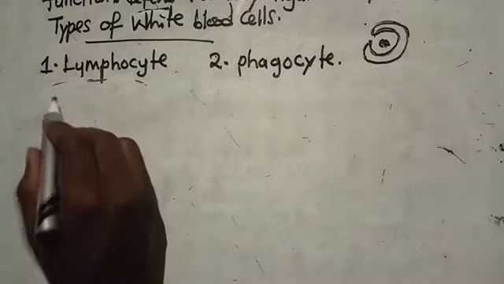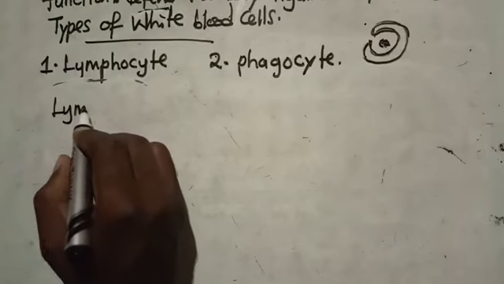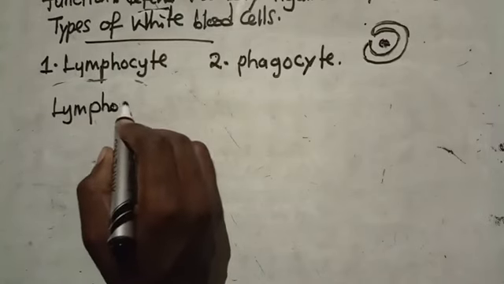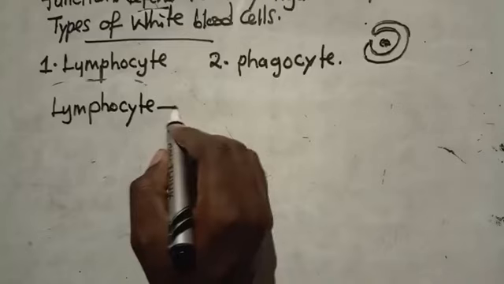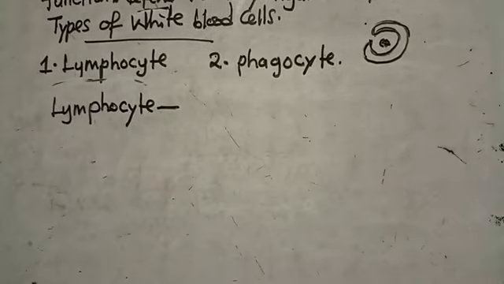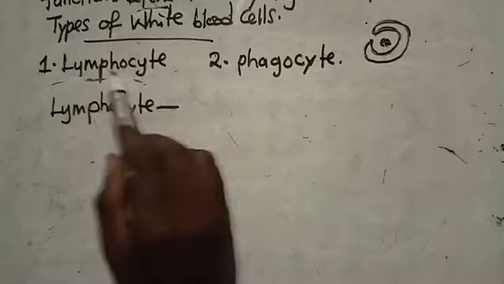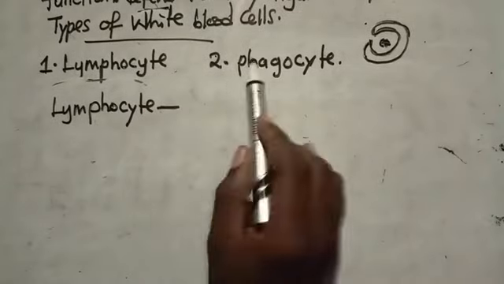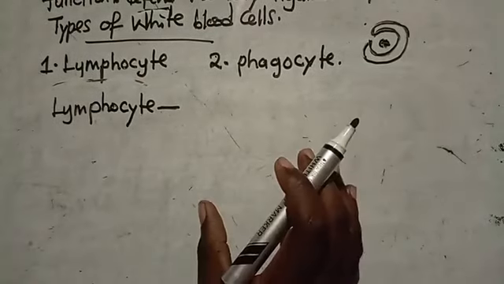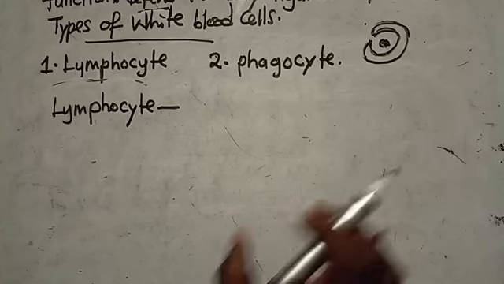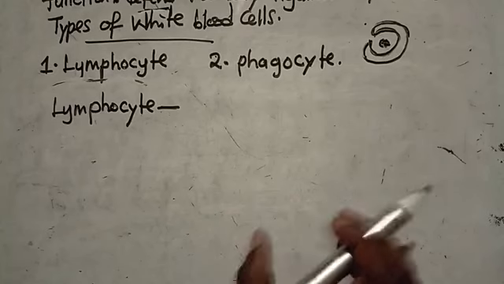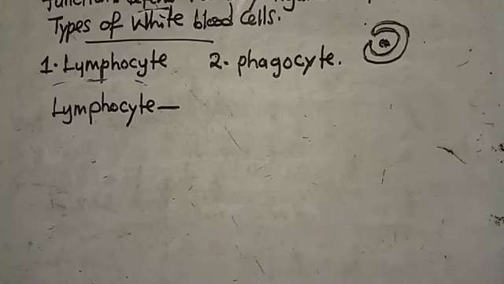So let us look at a lymphocyte. Whenever we are talking about a lymphocyte, you know that this is a white blood cell. Both of them fight diseases in the body, but the way in which they fight diseases differs.